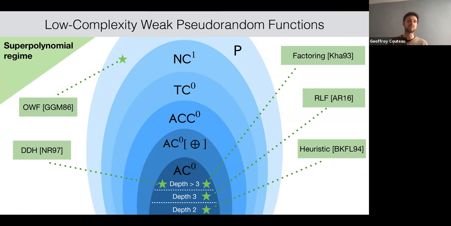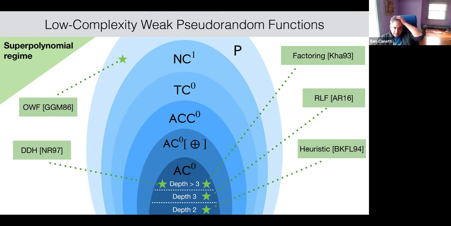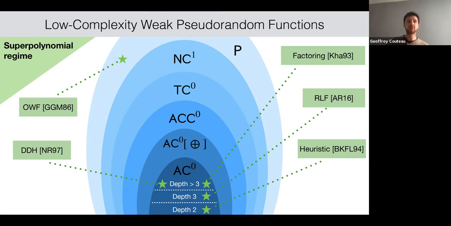That's how you get things in AC0. The DDH construction is just a pseudorandom function scaled down. What do you scale down? The security parameter. You take a security parameter of, say, log squared lambda instead of lambda, and then you can squeeze everything into AC0.